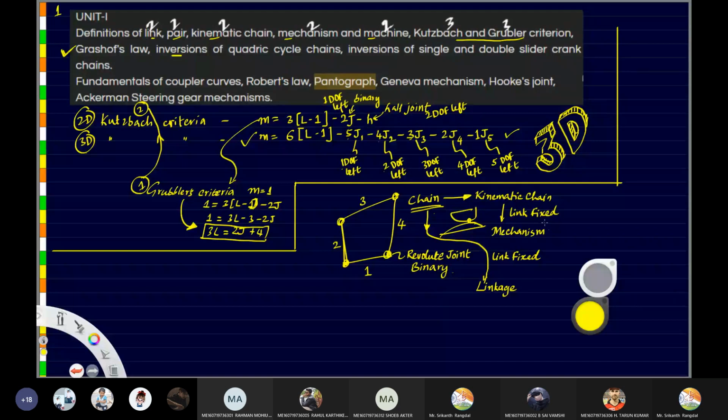So this is where inversion will come into play. But as I told, it's not exactly inverted. It's slightly different from the inverted one. Let us see how that happens.